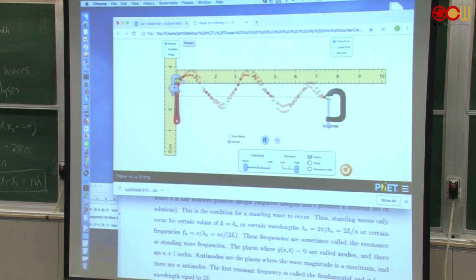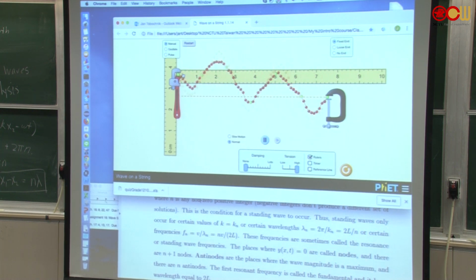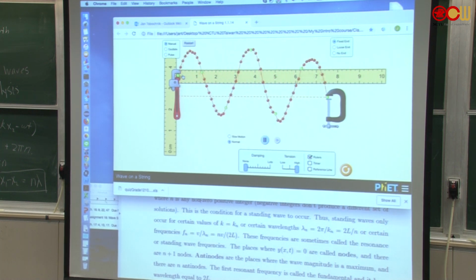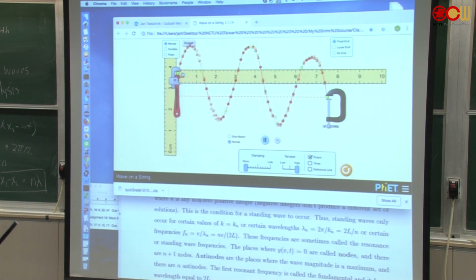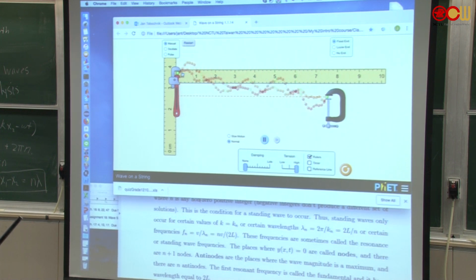There we go. See that? So I can sort of get a standing wave right there. There we go, not too bad. That's pretty good, actually. So I got it going, and then it keeps going. So there's a standing wave right there.